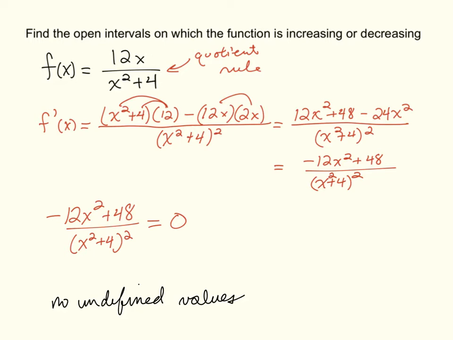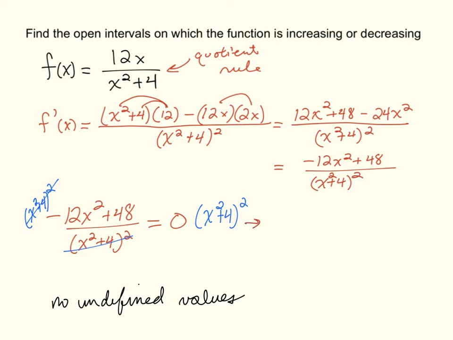So instead, we can just go ahead and start multiplying both sides by this denominator. So I want to multiply by x squared plus 4, the quantity squared, and over here, I want to multiply by x squared plus 4, the quantity squared. That gets rid of our denominator, and that allows us to leave the right side of this equation as 0.